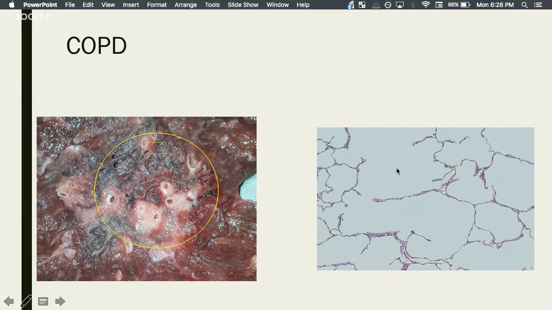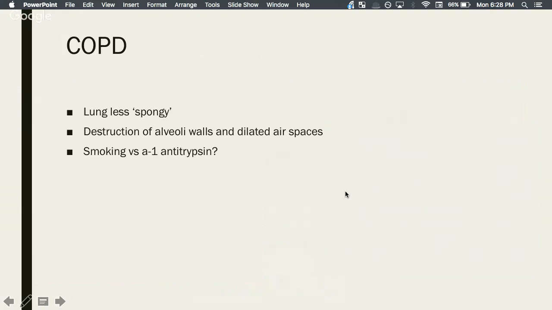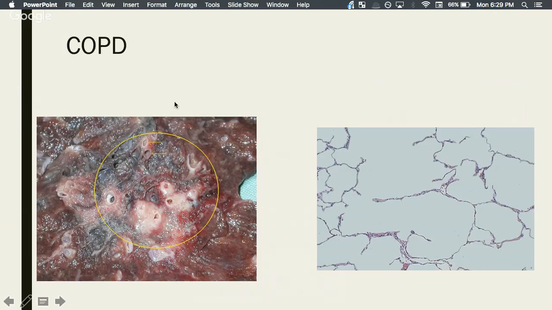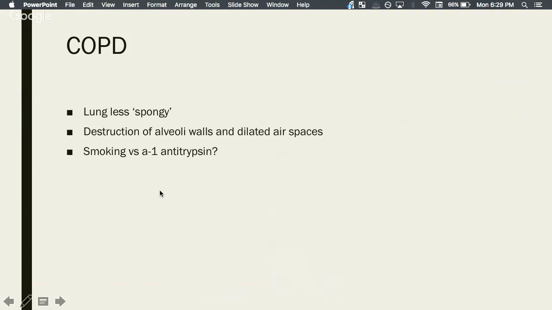If you compare this to the slide that we saw just before, you can see that there's a lot of breakdown of the actual alveolar walls. So your lung ends up less spongy, and that's shown in this fresh specimen. And you have destruction of alveolar walls as well as dilated air spaces, which result in your gas trapping.